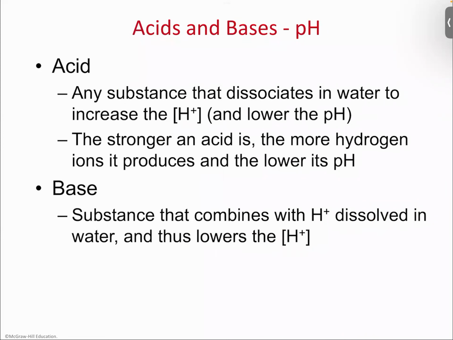So an acid we can define as anything that will increase your hydrogen ion concentration. That is to say that you're adding a proton to the mix, because that's what a hydrogen ion is, right? How many protons does hydrogen have? 1. What's the mass of hydrogen?